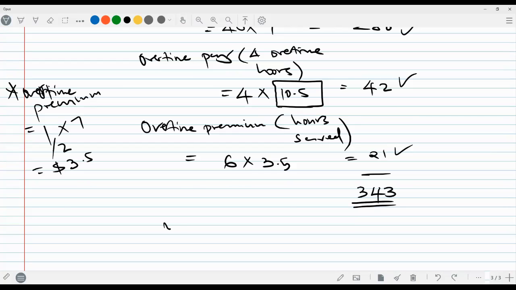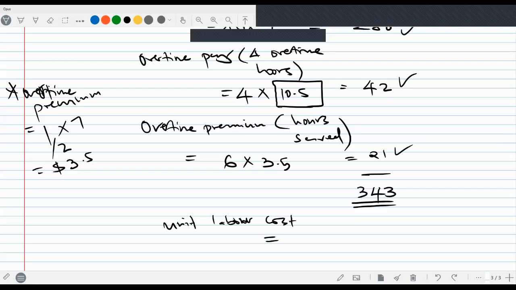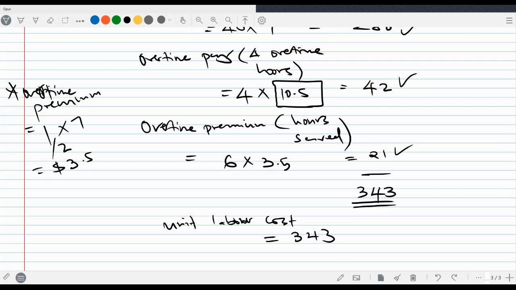Now, the unit labor cost. The total cost that was paid is equal to 343, and the employee produced 500 units.